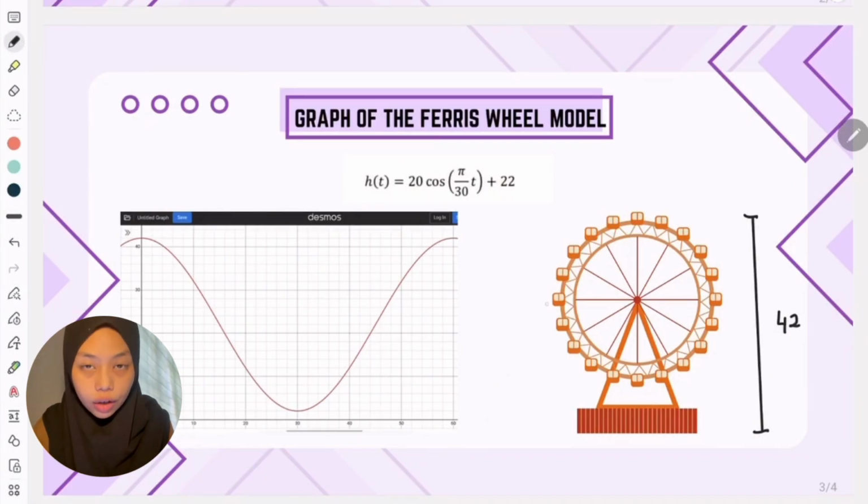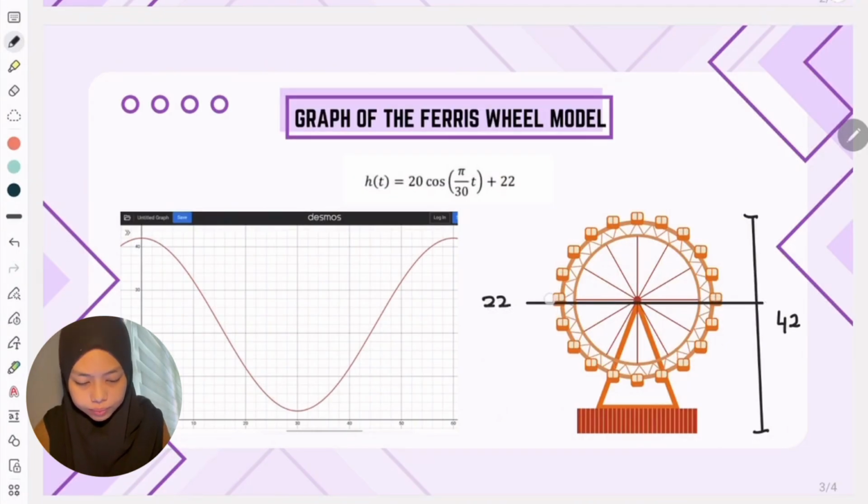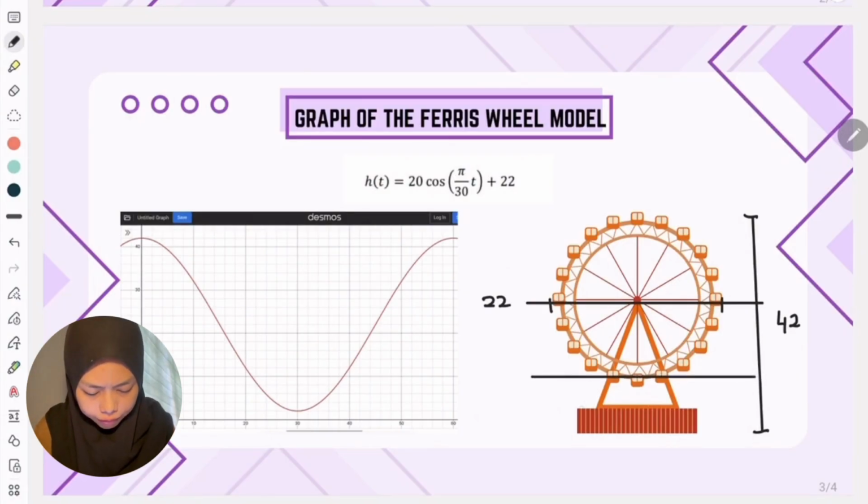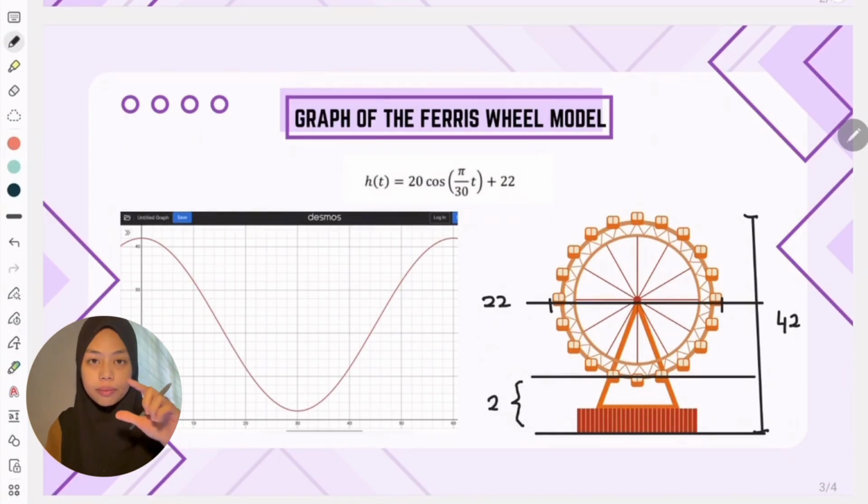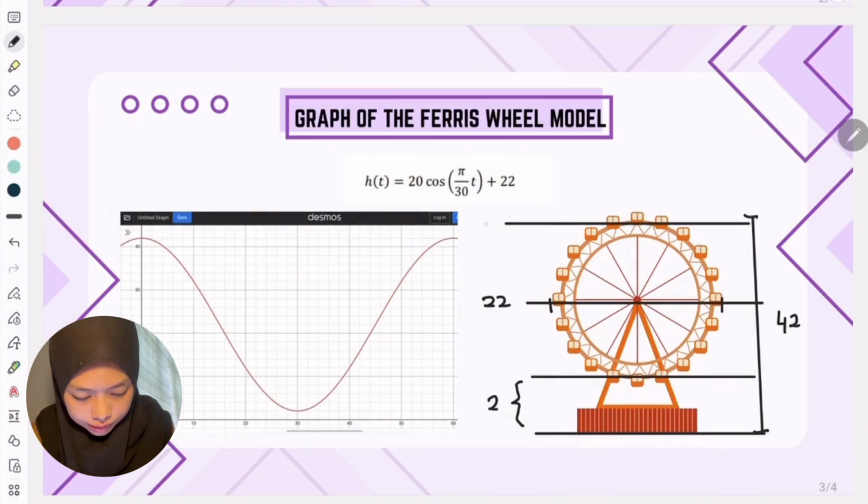And from the center of the Ferris wheels, it is 22, from here to here. And as you can see, there is a little bit of a gap between the bottom of the Ferris wheels and the ground, which means that this is 2. So there is a gap of 2 in height, and at the top is 42, like I said.